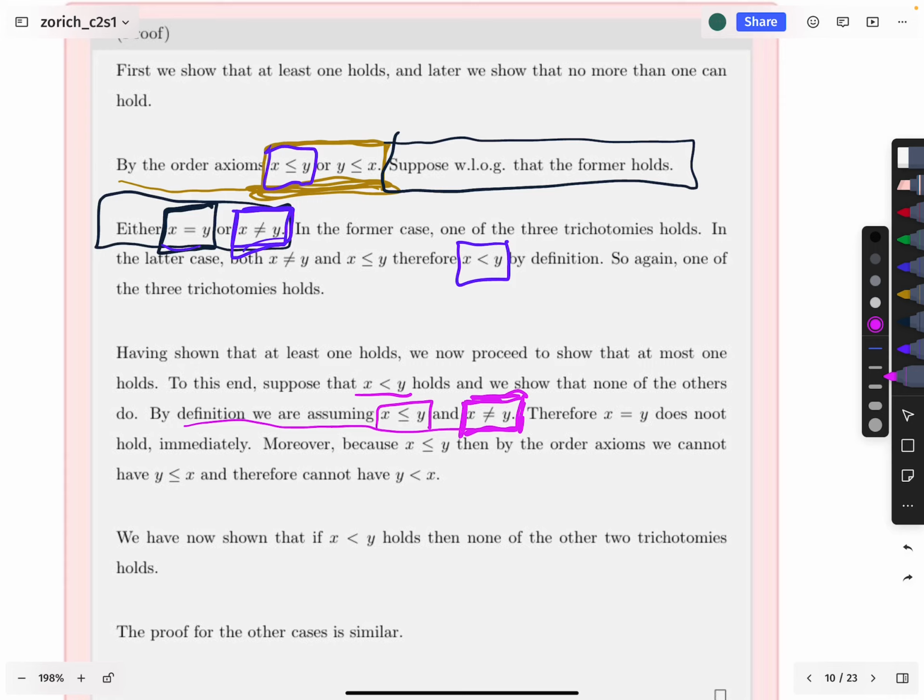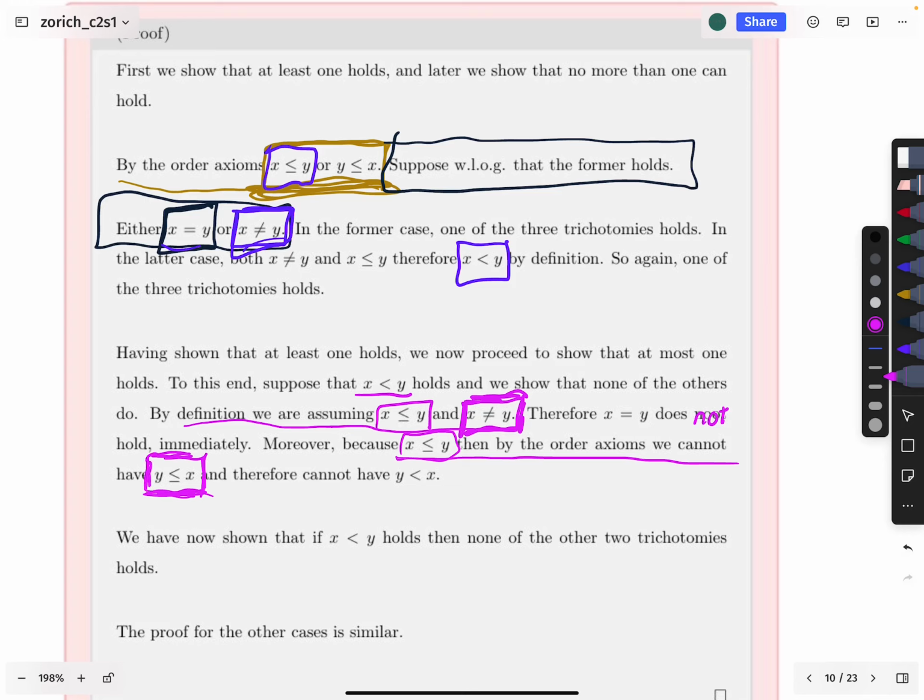How do we get the remaining one? Does it hold, or does it not hold? Moreover, we know that the linear order says that if x is less than or equal to y and y is less than or equal to x, keep in mind what I'm trying to argue at this moment is that this cannot be true.